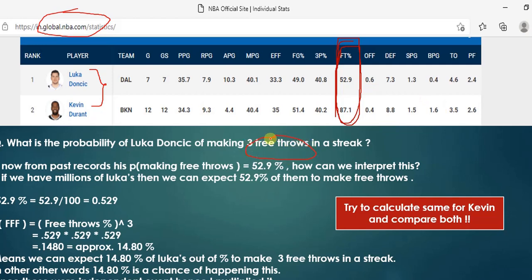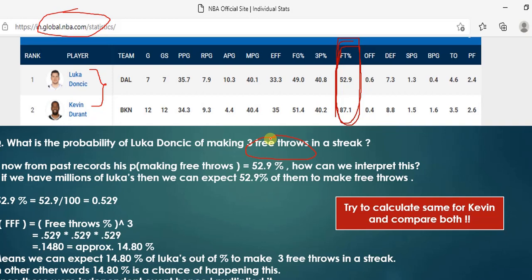See, again here it is an independent event, meaning the probability of him scoring the free throw in the first game is independent of what he will do in the next. They are again independent because he is giving the same performance all the time, so they are not dependent.